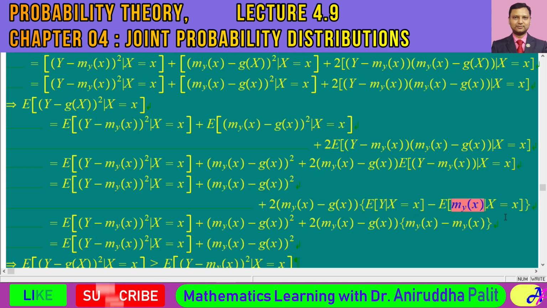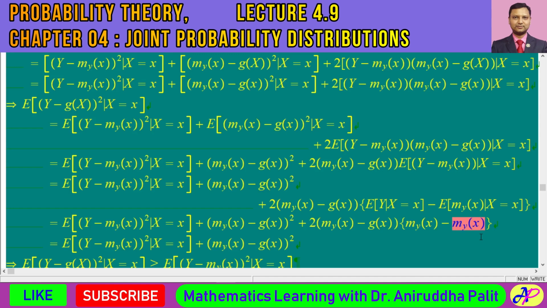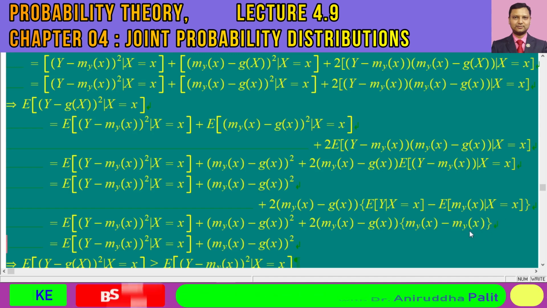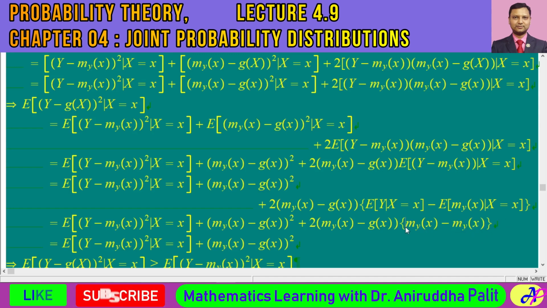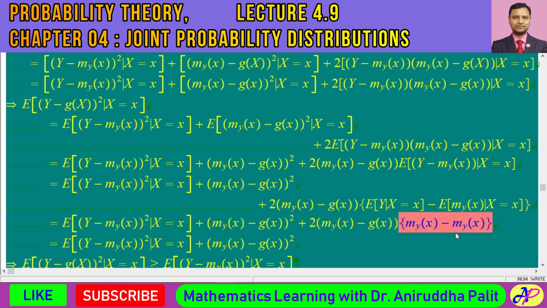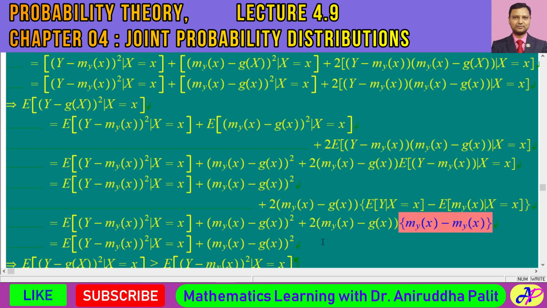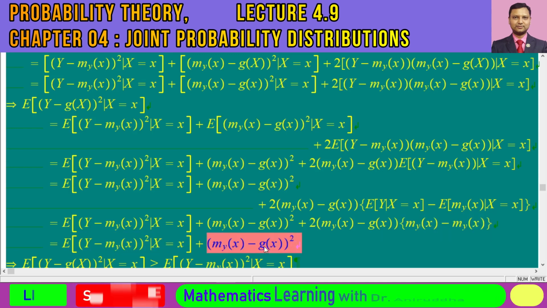This is a constant term with respect to Y, so the expectation of that constant term is the constant term itself. So this will be the value of the second expectation. And you see over here, these two terms will get cancelled, and the value of this factor is equal to 0. So effectively, the contribution from the third term becomes equal to 0, and we shall effectively have the first term and the second term.